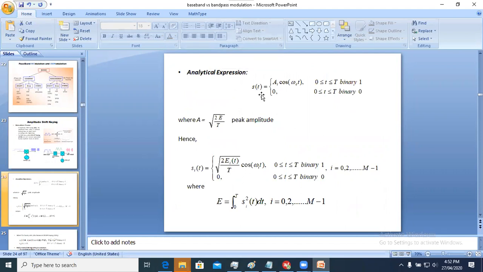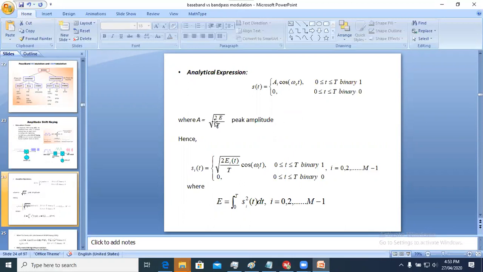So this signal has the amplitude of the carrier for symbol 1. There is zero amplitude of the signal for binary 0.